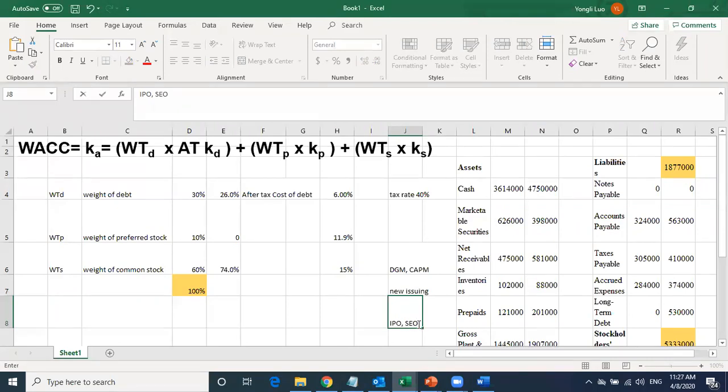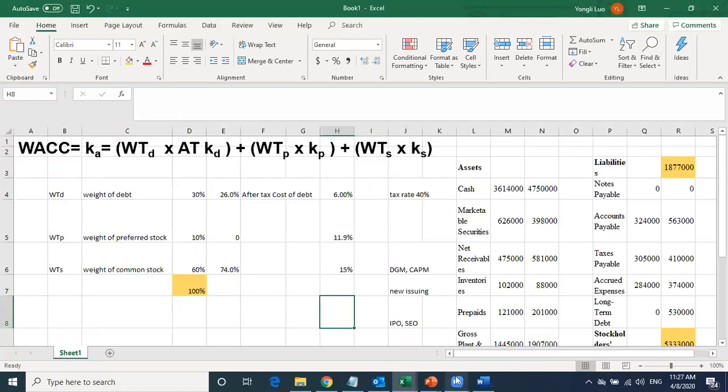A seasoned equity offering is also primary market stock issuing, so it is also new stock. Some companies issue stock in the first round, and later on they need more money and do a seasoned equity offering. So the primary market includes both IPO and SEO.